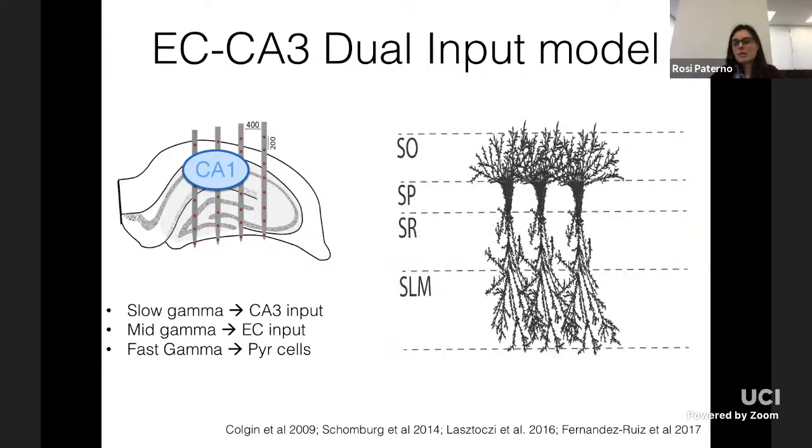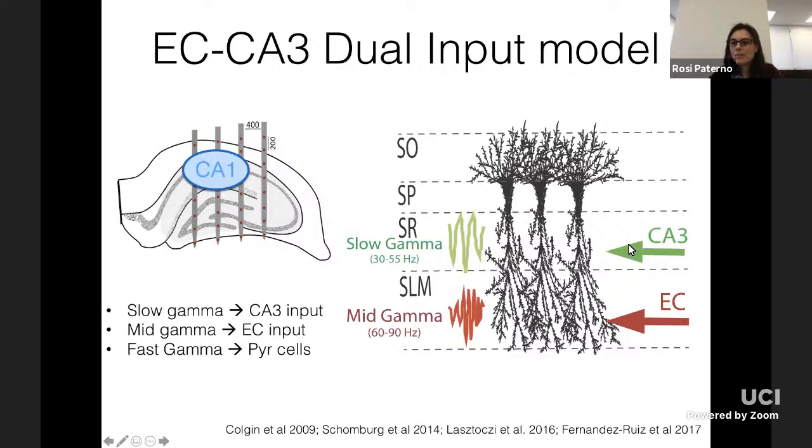In a schematic way, in particular, the gamma oscillatory activity across the different layers of the hippocampus, studying those, gives information about the upstream region. In particular, the entorhinal cortex input arrives at the stratum lacunosum moleculare, and this is recorded as a mid-gamma activity in the frequency between 60 and 90 hertz.